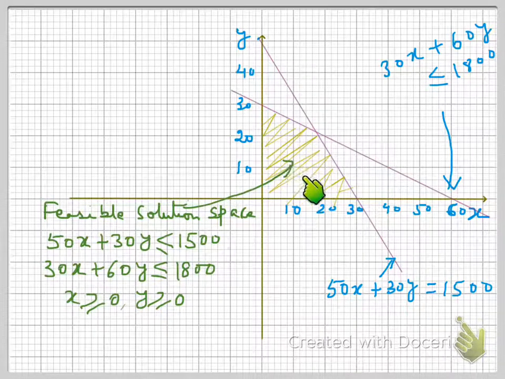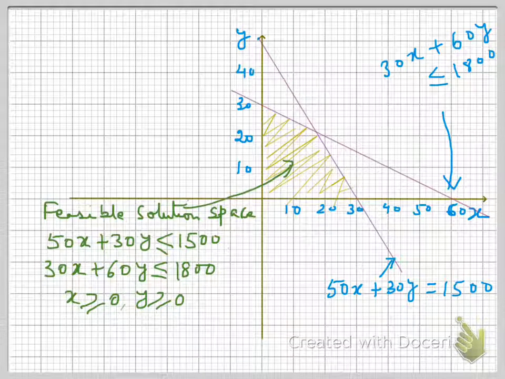All the points lying in this area satisfy all the 4 constraints, so they are feasible. Points which are not in this area will violate one or other constraint.